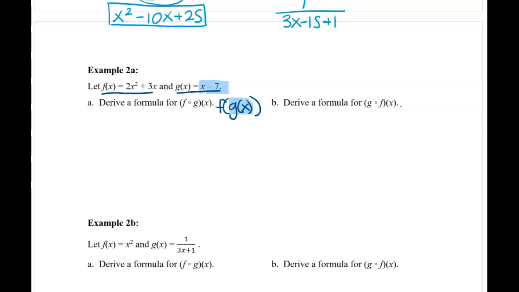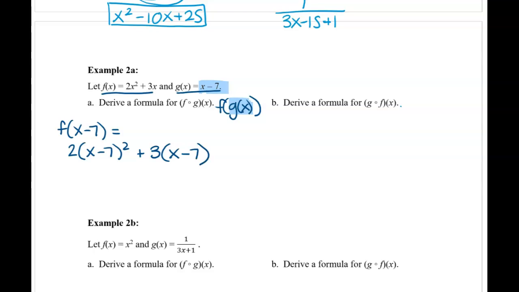So what we have instead of f of g of x is really just f of x minus 7, which is 2 times x minus 7 squared plus 3 times x minus 7.